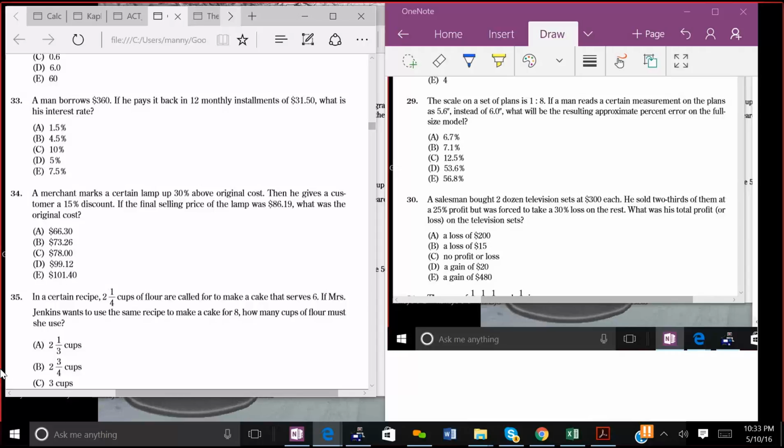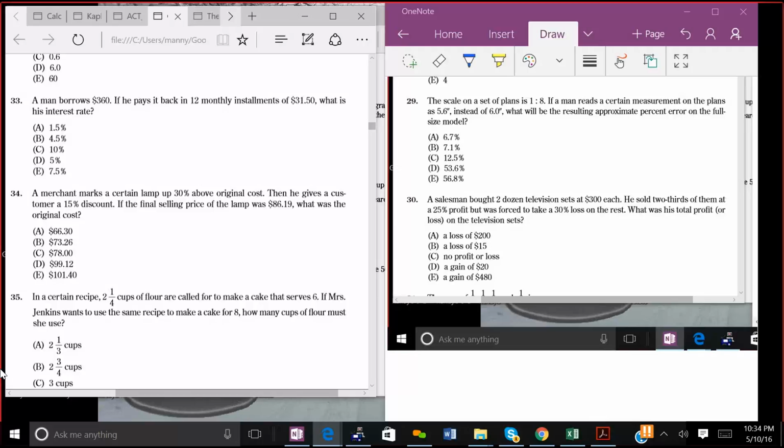Okay, 34. A merchant marks a certain lamp up 30% above the original cost. Then he gives the customer a 15% discount. If the final selling price of the lamp was $86.19, what was the original cost?